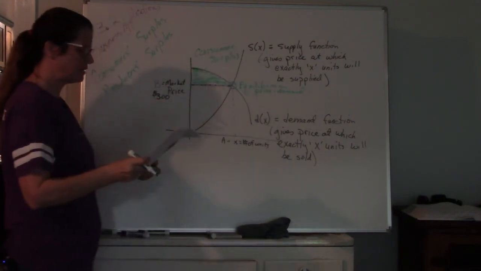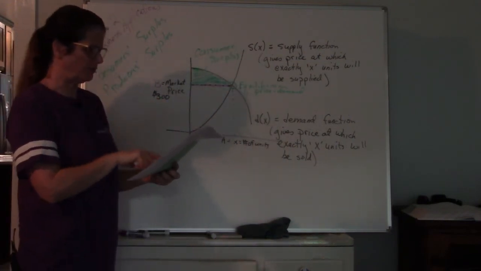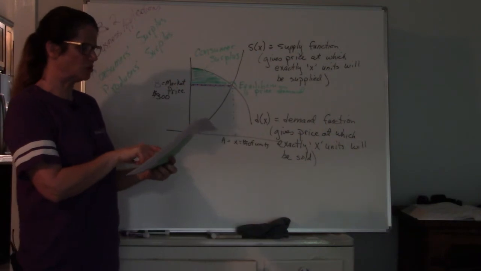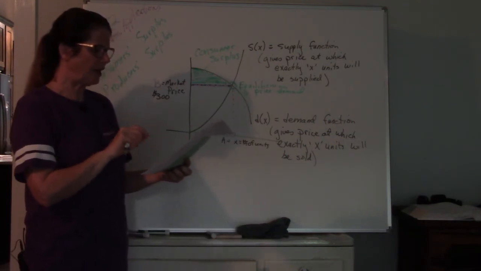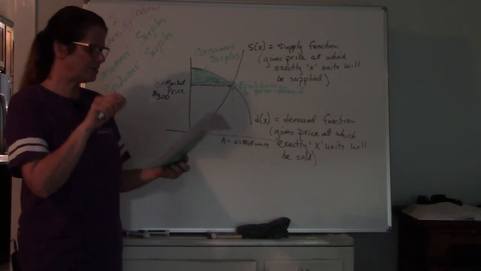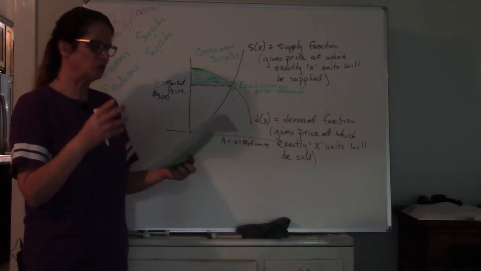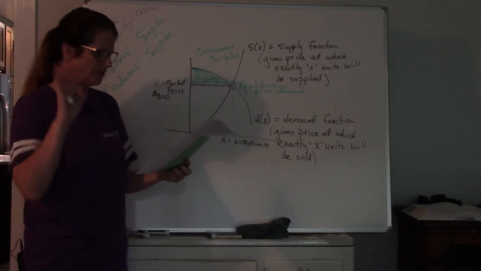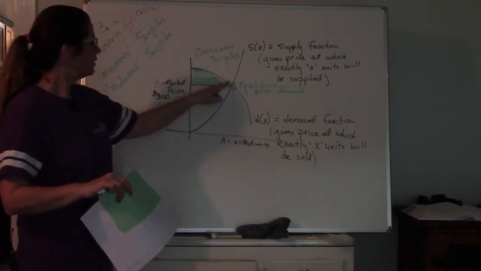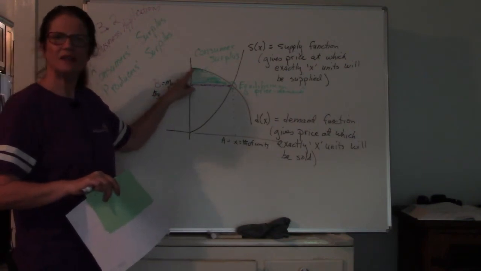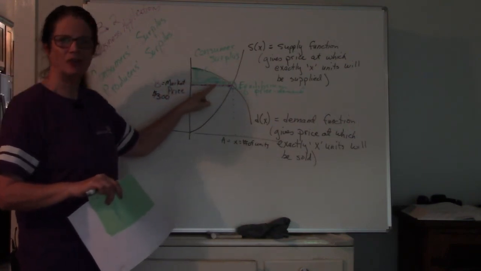I'll read it to you. The consumer surplus is the total savings to consumers who are willing to pay a higher price, but still would be willing to purchase. Let me say that again. Think of it this way: this is my feel good.